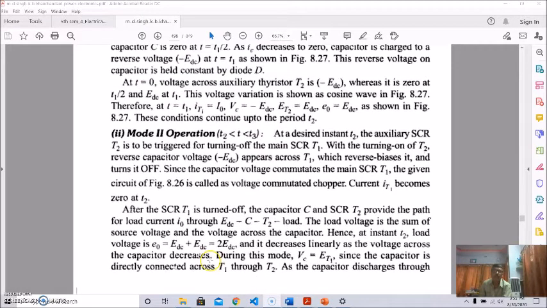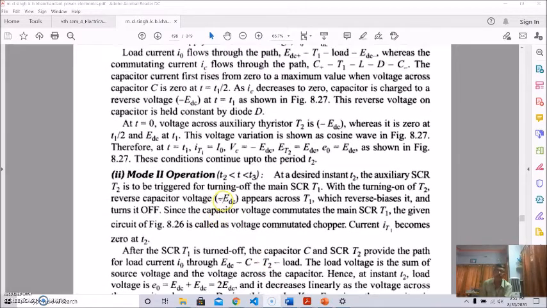At t equal to 0, the voltage across auxiliary thyristor T2 is minus EDC, whereas it is 0 at T1 by 2, and EDC at T1. This voltage variation is shown as a cosine wave in the waveforms figure.